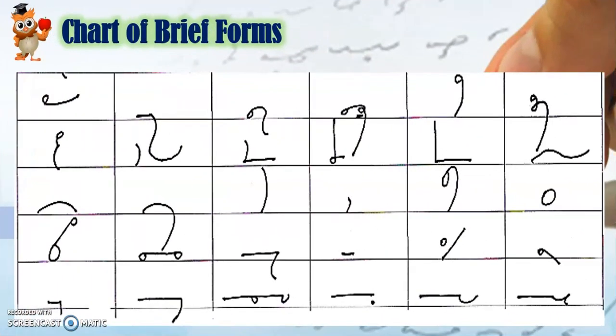There you go. Okay, can we have anyone from the group who can read the first line of outlines or brief forms? What about the second line?